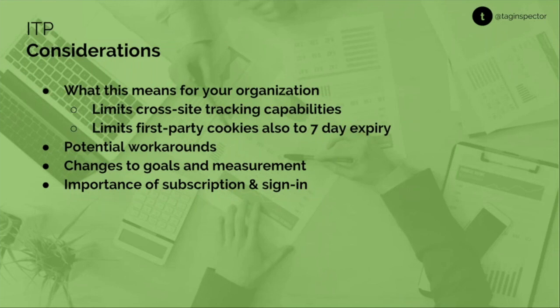So how can we maintain that visibility, as well as potentially starting to emphasize things like logins or subscriptions? Because if you have a user ID that is associated with that user once they log in, that's obviously going to persist because it's going to be something that you have on the back end. So it's really raising the importance of things like subscription, sign-in, and starting to be able to prioritize those things on our website.